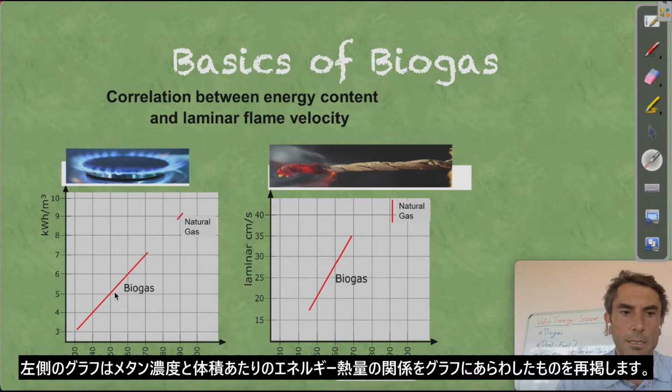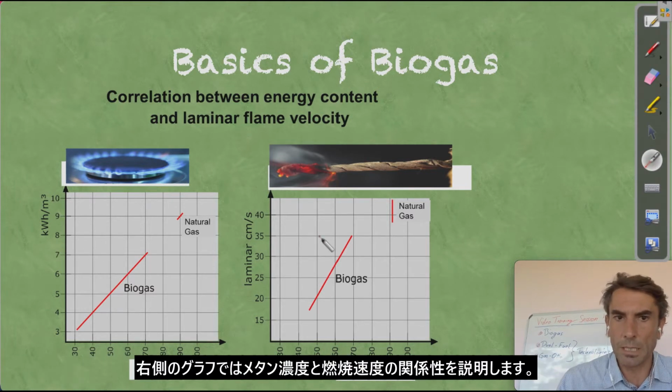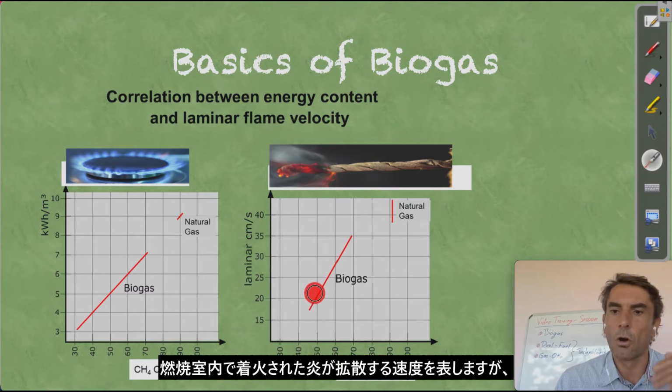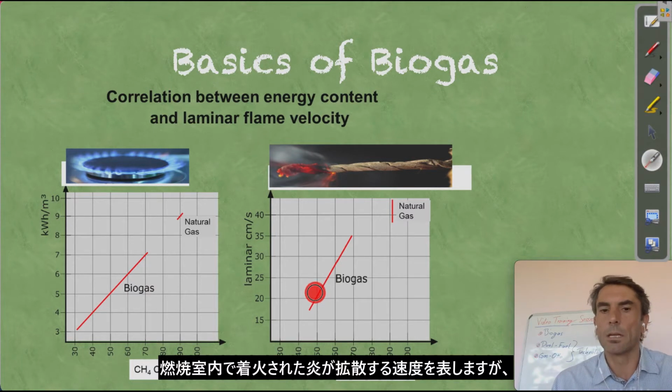And on the other side, we have again here the heating value, the energy content, so the percentage per kilowatt hour per norm cubic meter. And if we compare it to here, the flame speed, it's laminar flame speed, centimeters per second. You can see lower CH4 means lower speed of the flame in the combustion chamber.